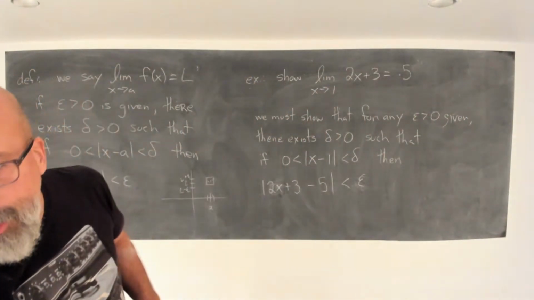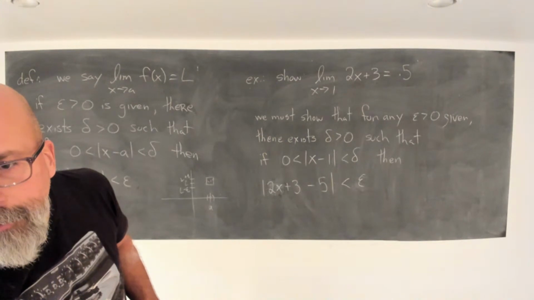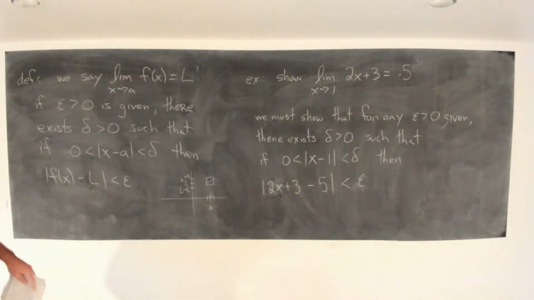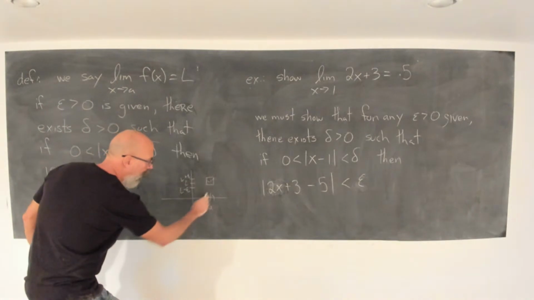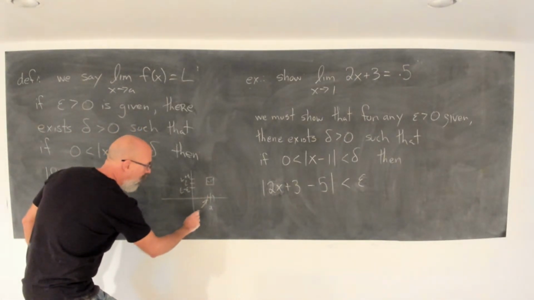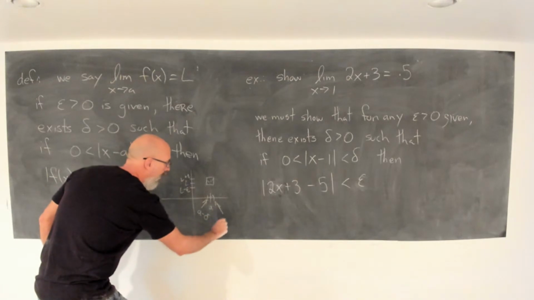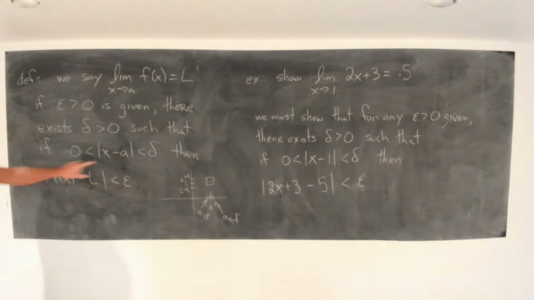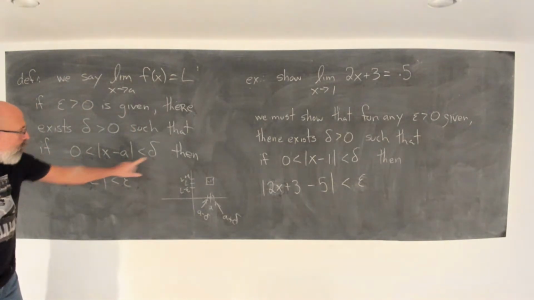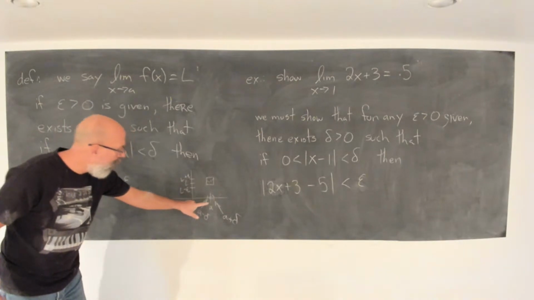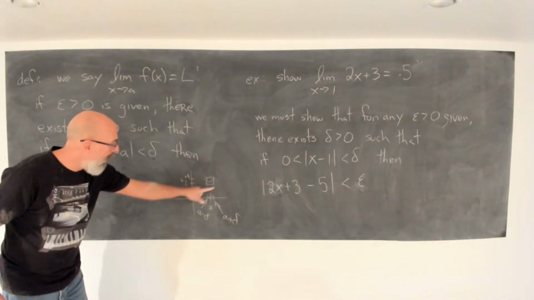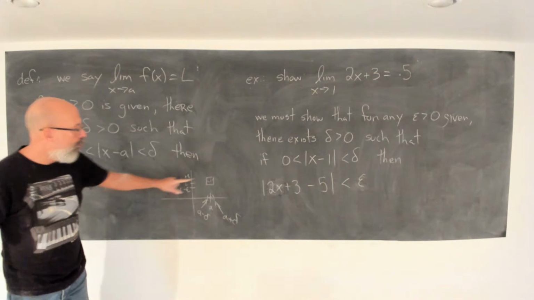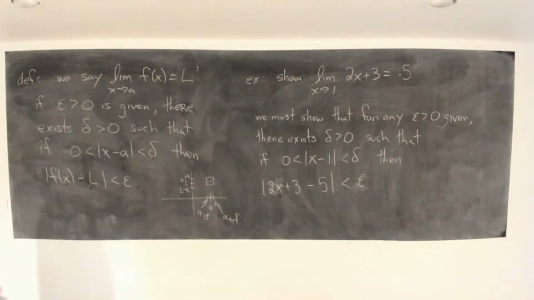What value does epsilon and delta represent? An excellent question. The delta is how close you are to a. So this is a minus delta, a plus delta. By taking values of x delta close to a, in here, you guarantee that you map values close to L. It's a fancy placeholder, if you will.